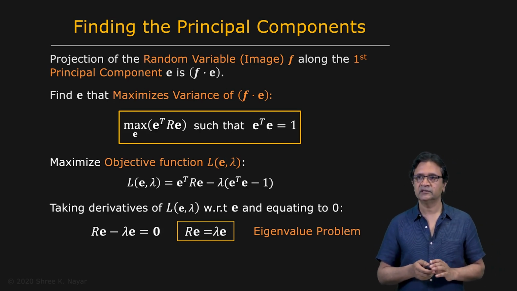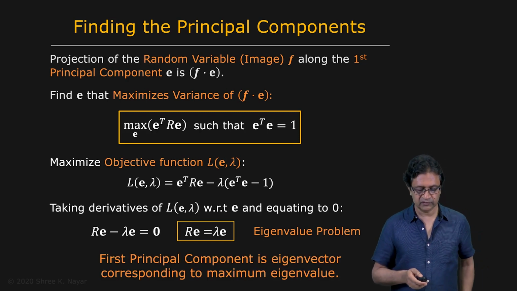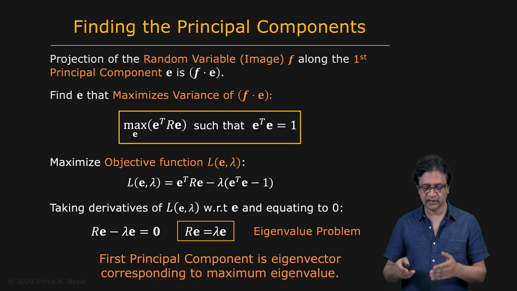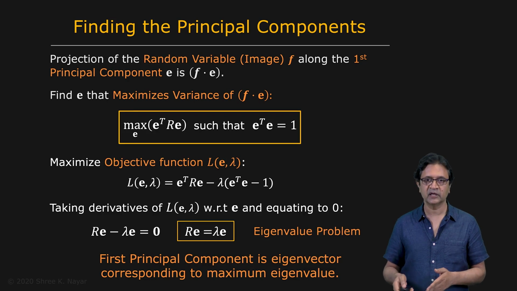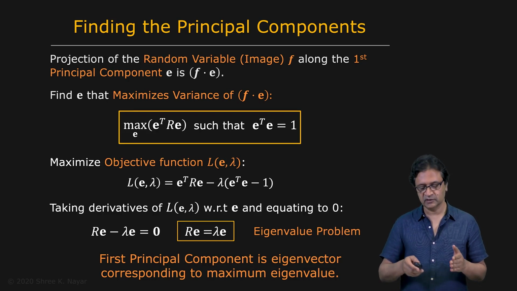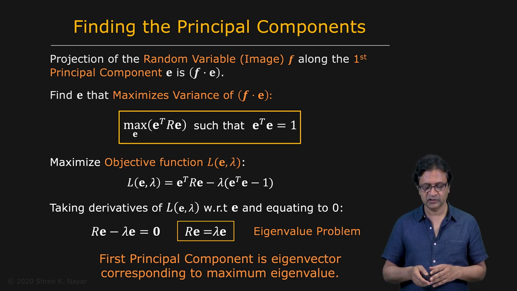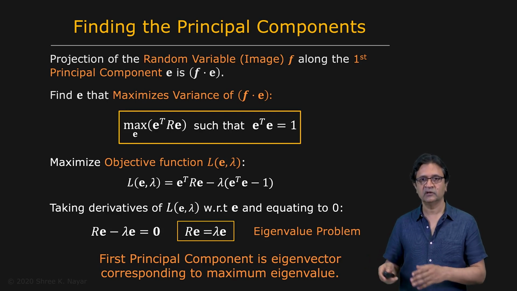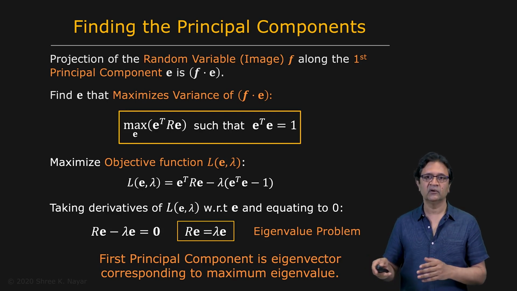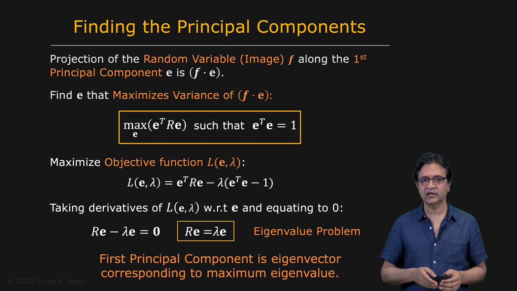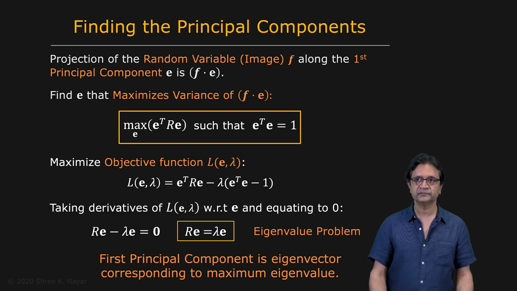So that's basically what we're looking for. The first principal component is the eigenvector corresponding to the maximum eigenvalue, and that applies to the second principal component, and so on. So we're able to find all the eigenvalues and eigenvectors that are of interest to us, and those correspond to all the principal components.